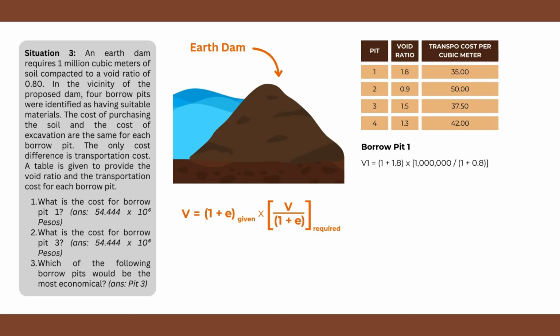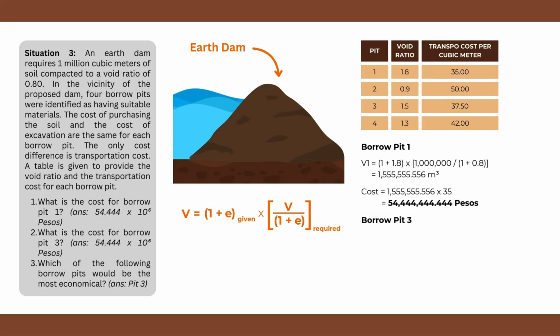Adding it to 1, then multiplying the sum with the required 1 million cubic meter over 1 plus required 0.8 void ratio, will have a value of 1,555,555.556 cubic meters. And to determine the cost naman, we just multiply it by its stable value of 35 pesos per cubic meter. And we'll have a price of 54,444,444.444 pesos.